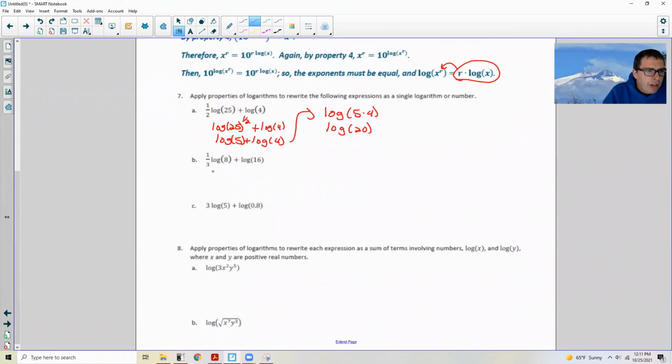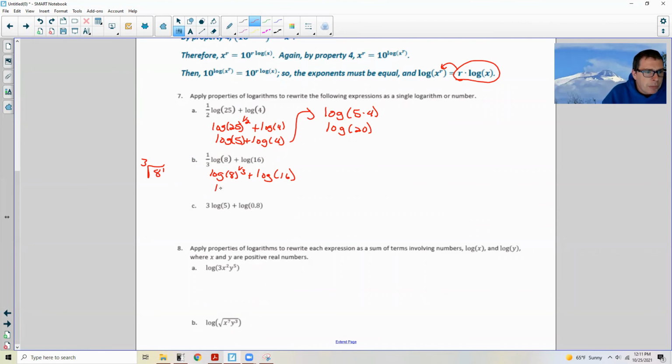So 1/3 the log of 8 plus the log of 16 would become the log of 8 to the 1/3 plus the log of 16. Well, 1/3, again, is the cube root. The denominator is our index, and the numerator is the power of our radicand. So that's going to be the cube root of 8, which is 2, since 2 times 2 is 4, times 2 is 8.